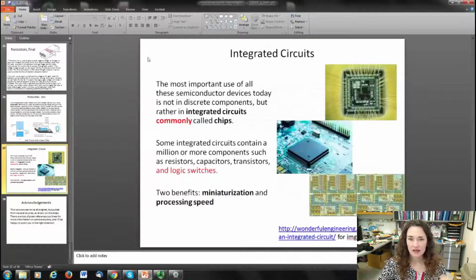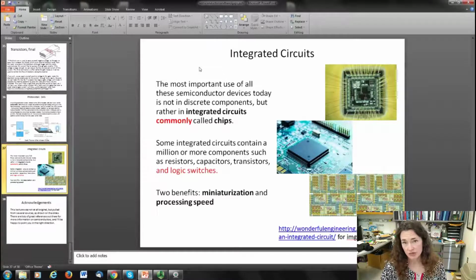And then finally, our lives would be very different these days if it weren't for integrated circuits. This is arguably the most important use of all these semiconductor devices today. It's not really that they're used as discrete components, but assembled into an integrated circuit or a chip. Some of these integrated circuits contain 1 million or more components like resistors, capacitors, transistors, and logic switches, all miniaturized and condensed down to a very small chip.